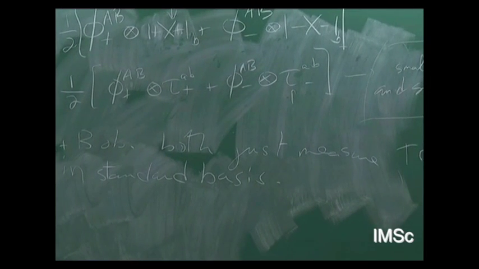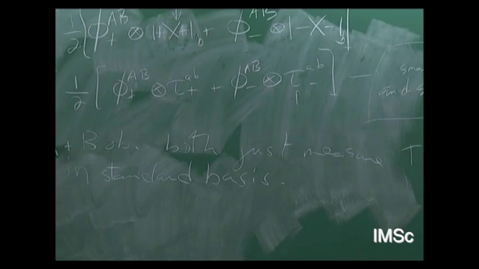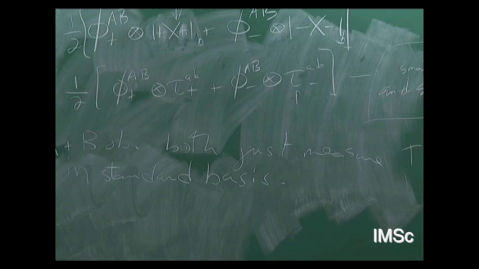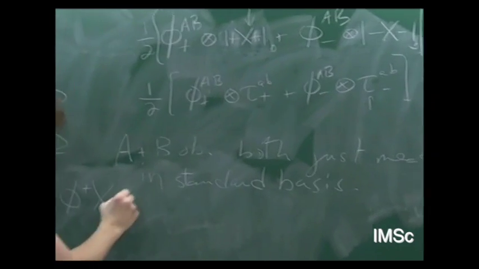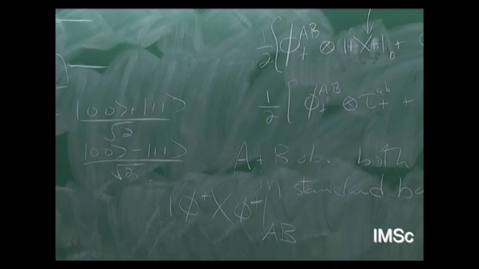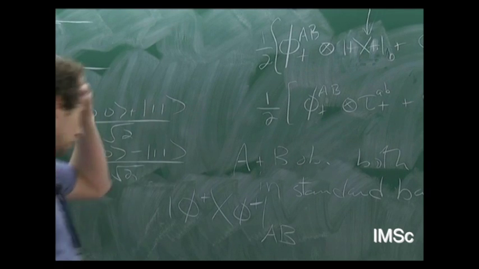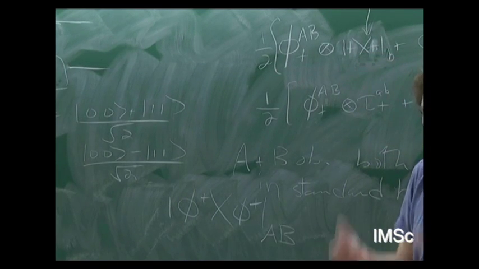So why is that going to be secure? Well, let me write it in this way. Let's suppose I start with just a phi plus AB. And then Alice and Bob measure in the computational basis. Well, if I start with a phi plus AB, and Alice and Bob measure in a computational basis, they have a perfectly secure key.